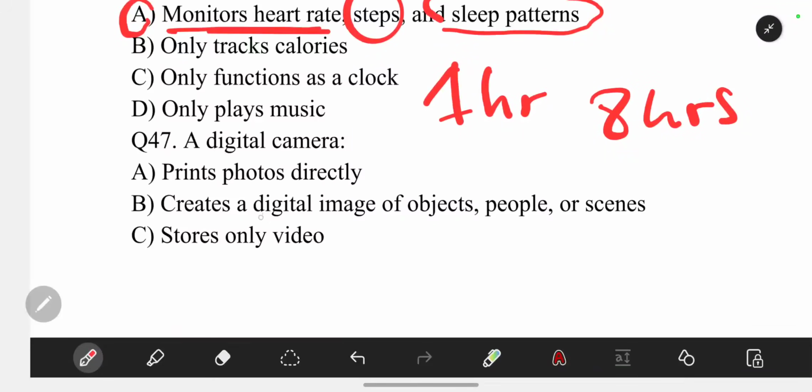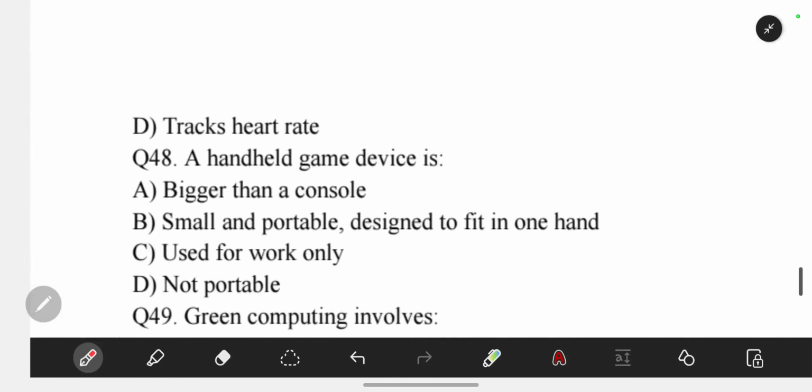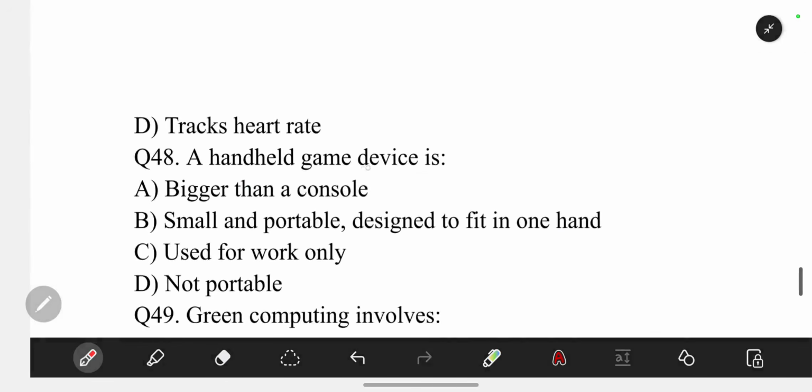47, a digital camera. A digital camera is able to create digital images of objects, people, and scenes. So that is the working of a digital camera. When we look at number 48, a handheld gaming device.